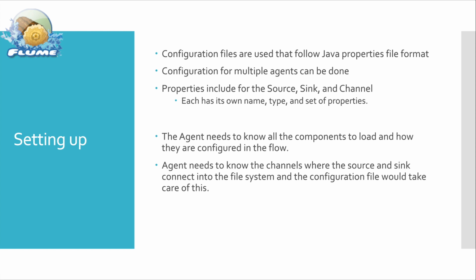So you have to give values to the source, the sink, and the channel, which each have a name and a type and certain set properties that are required in order for this to work. So the agent needs to know all the components to load, how they are configured in the flow, and the agent needs to know the channels where the source and sink connect into the file system, and the configuration file would take care of this.